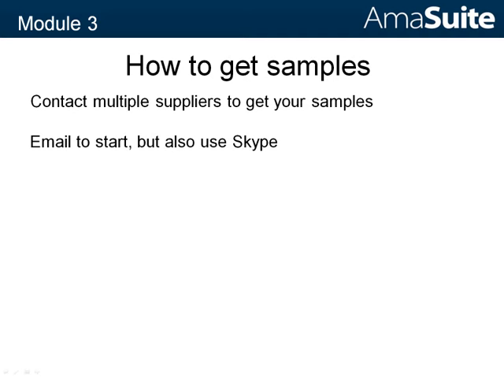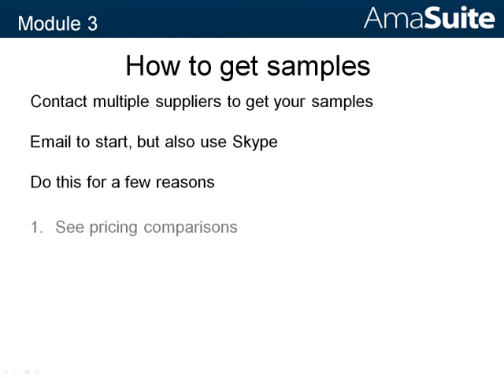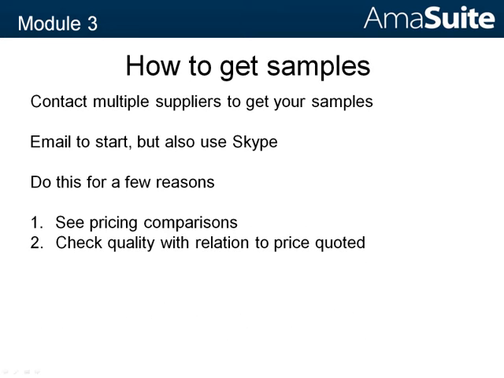And again, you want to reach out to multiple suppliers to get your samples because there are several reasons to do this. One being pricing comparisons, of course, right? One supplier you reach out to, you might find is double the pricing of another supplier. I've found that multiple times when I've been researching new products to sell. Another thing you might see is that the quality is going to vary between suppliers.